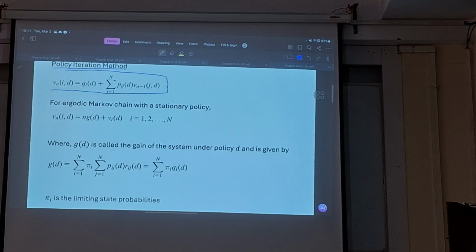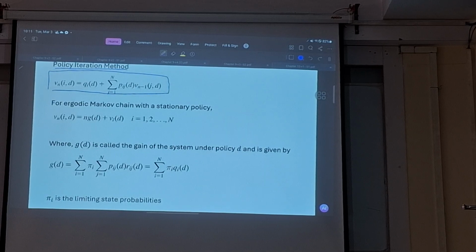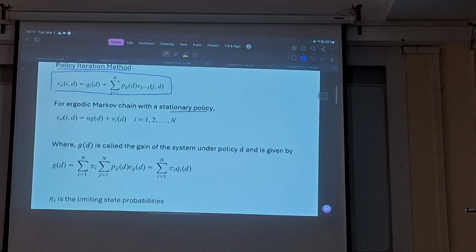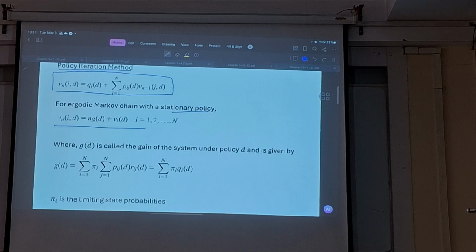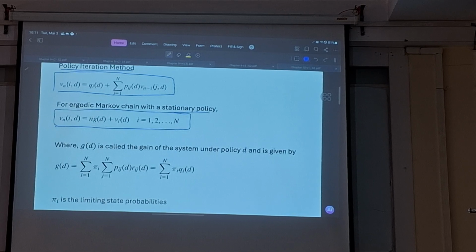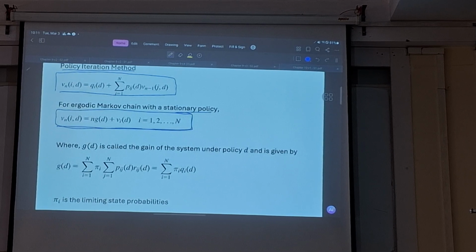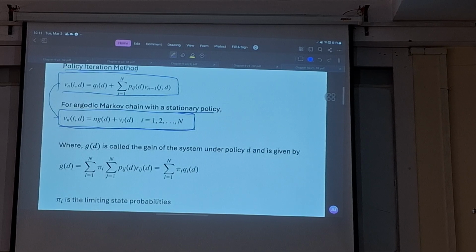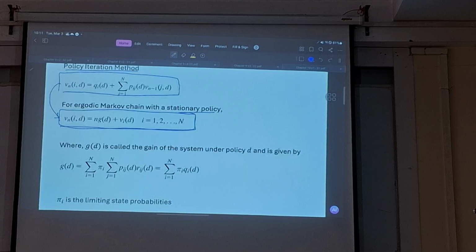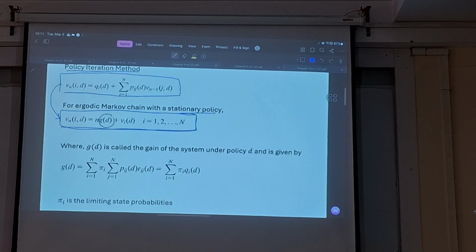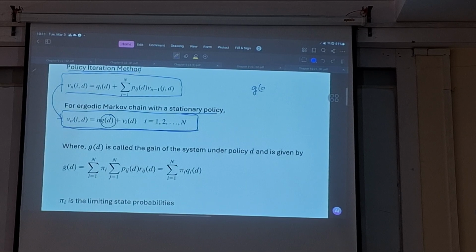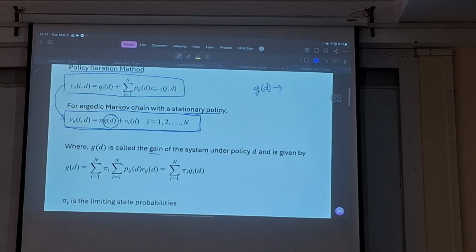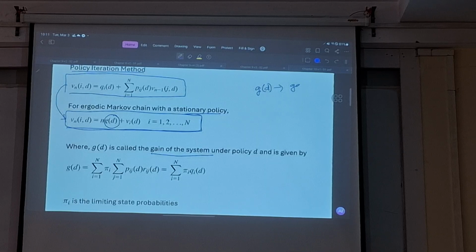This is the equation for the n step reward. For a Markov chain, the stationary distribution is used, so this equation is converted to this one. What is the difference here? The difference is we define a new term. What is T? It's called the gain of the system.